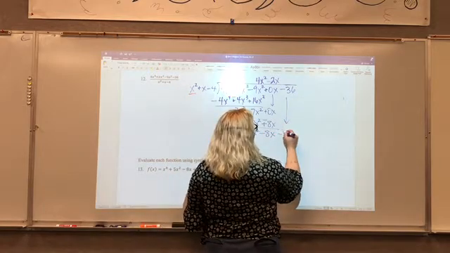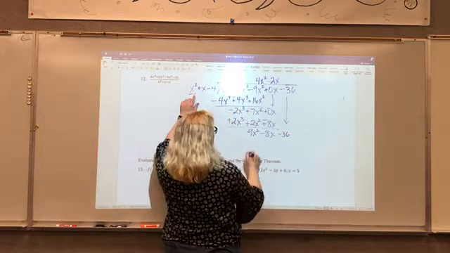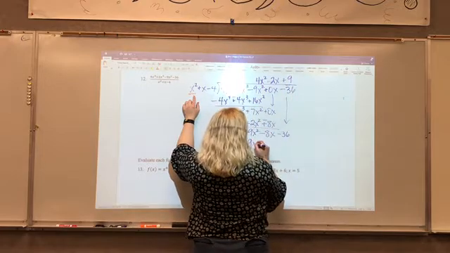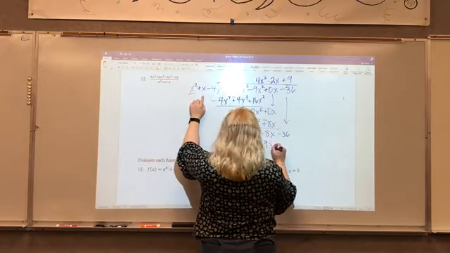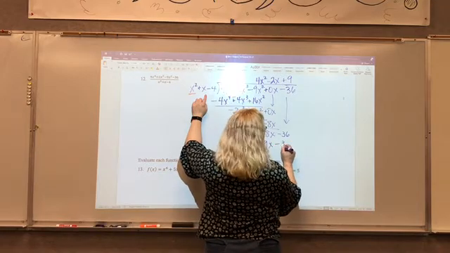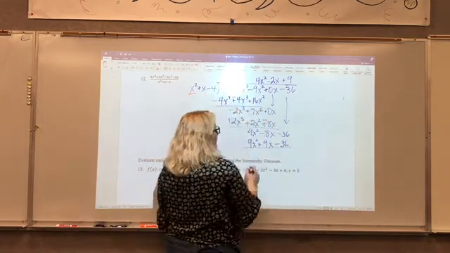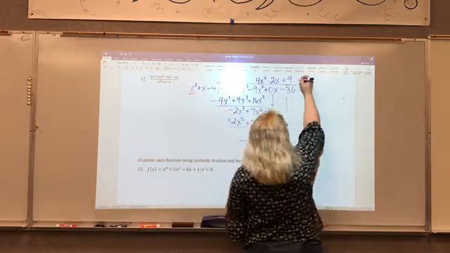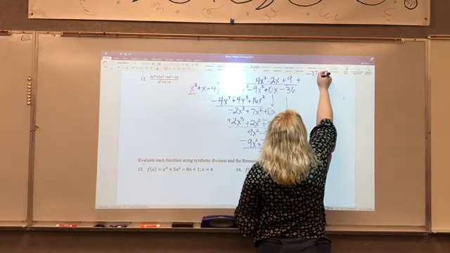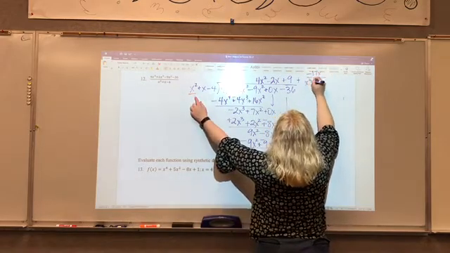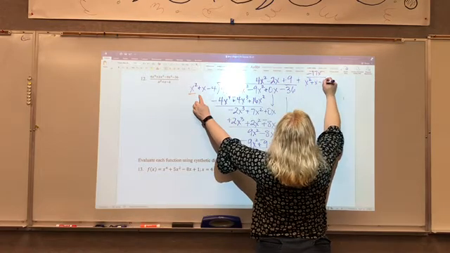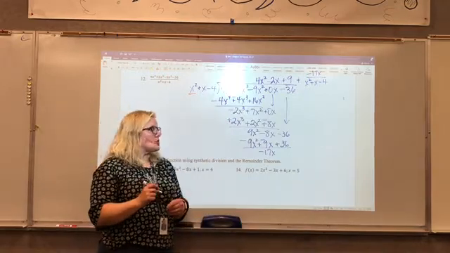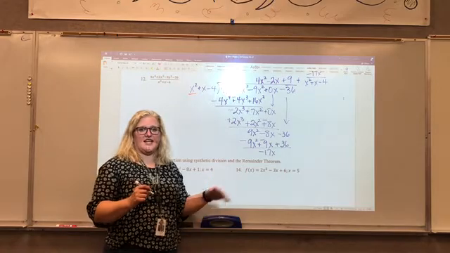Drop down the negative 36. x squared goes into 9x squared 9 times. 9 times x squared is 9x squared plus 9x minus 36. So when I subtract these, I get a negative 17x right here. So my remainder is negative 17x divided by x squared plus x minus 4. So there's my answer. And I am going to continue with number 13 in the next video.